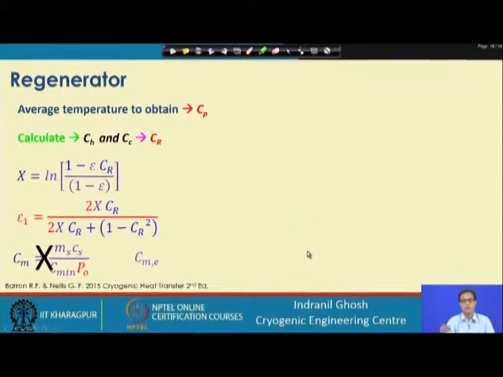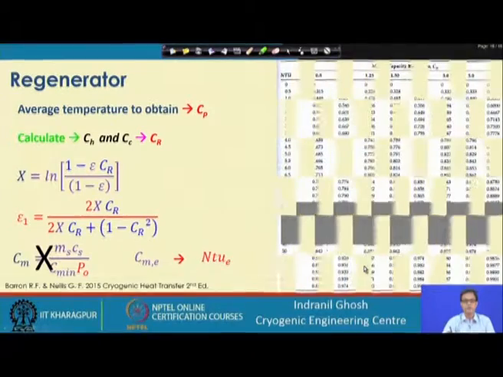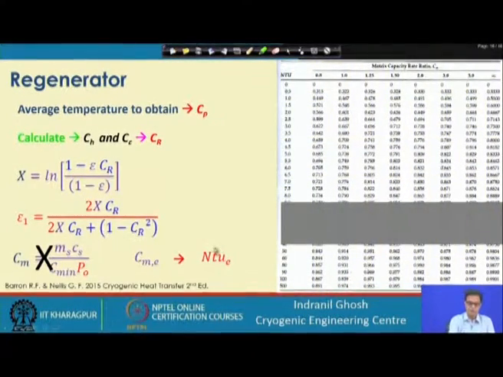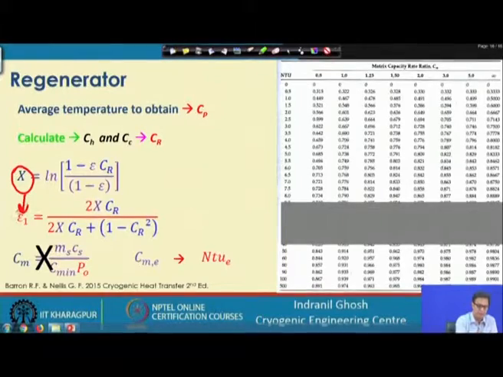So, we will assume some equivalent value of this one. We have already calculated epsilon 1 based on this parameter x, and we have assumed some value of CME, the equivalent matrix capacity rate ratio, and then we have the value of epsilon.